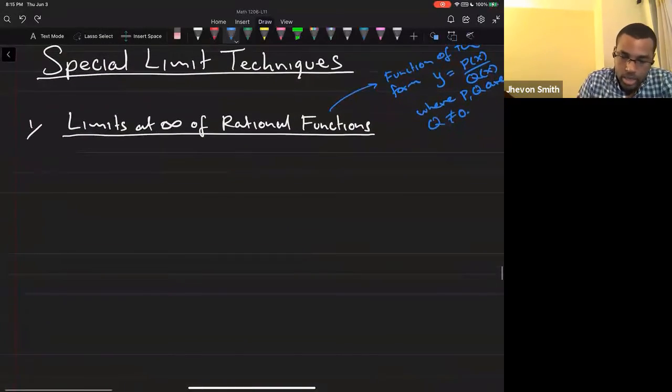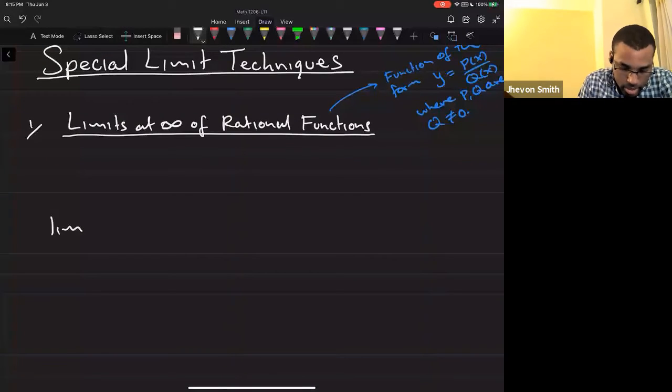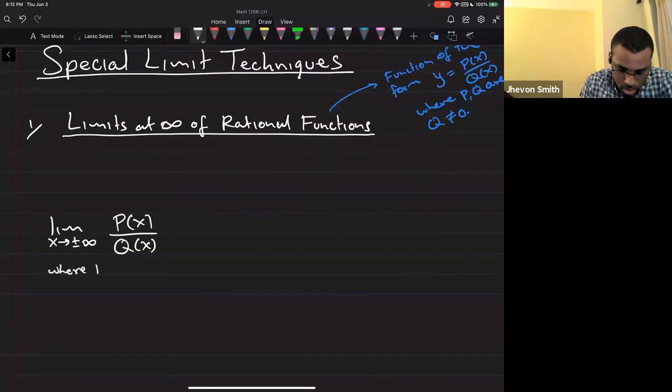And so that leads us to this sort of situation. Whenever you're looking at something like this, the limit as x approaches plus or minus infinity, it actually doesn't matter, of something that looks like p of x divided by q of x, where p, q are polynomials, q not equal to 0.